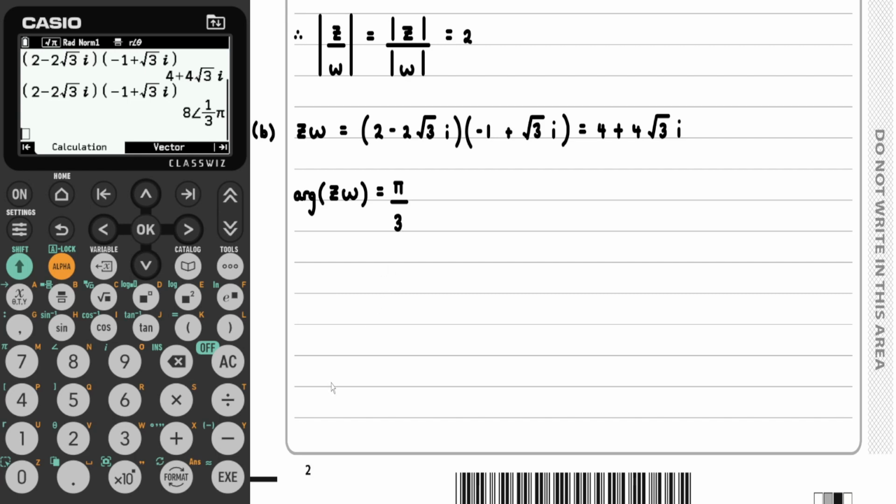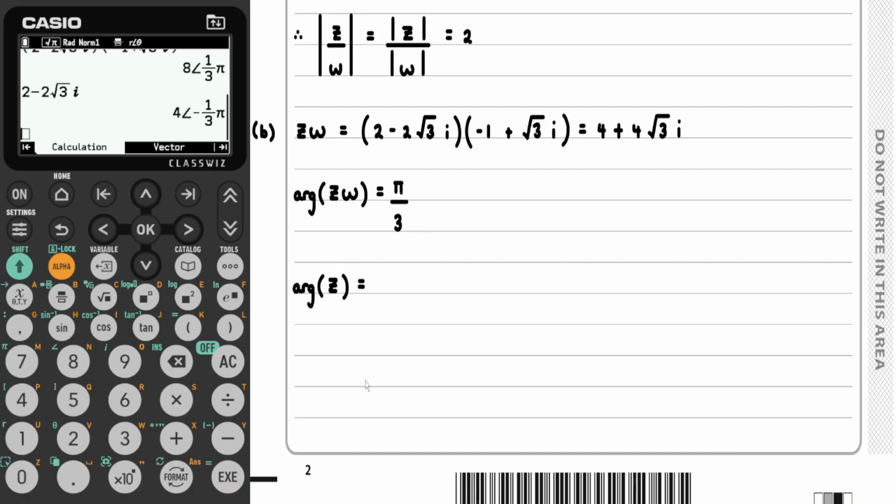Let us now work out the argument of z. We have 2 subtract 2 root 3i, which is the same as 4e to the negative pi i over 3.